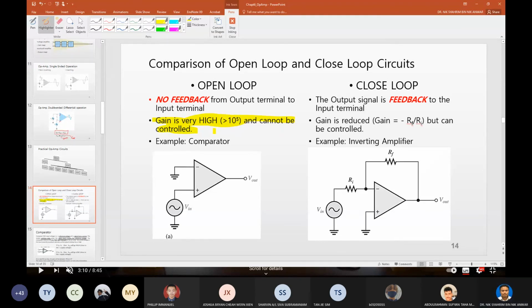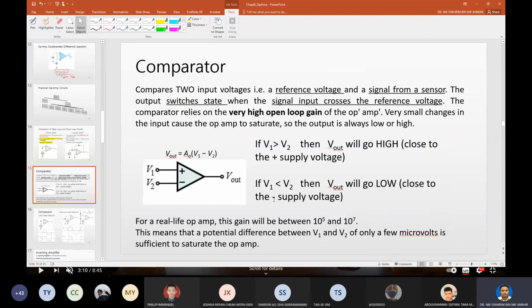For example, a comparator. Let's go to the comparator circuit. What does it do? A comparator, as the name suggests, compares two input voltages. What people normally do is set one input as a reference voltage, and the other input will be the signal from our sensor, which will then be compared to the reference voltage.